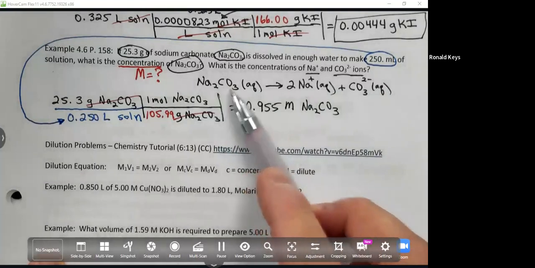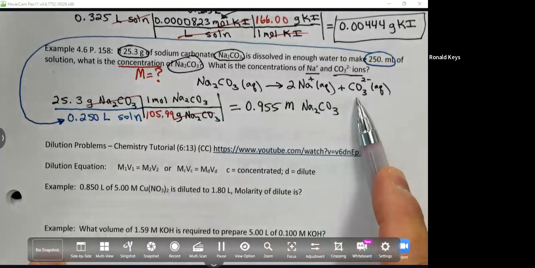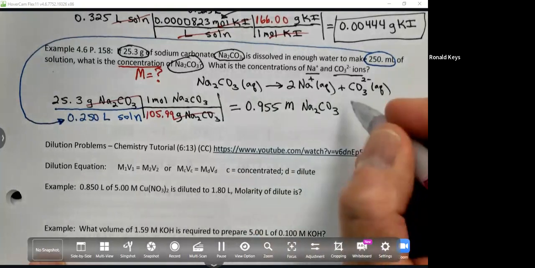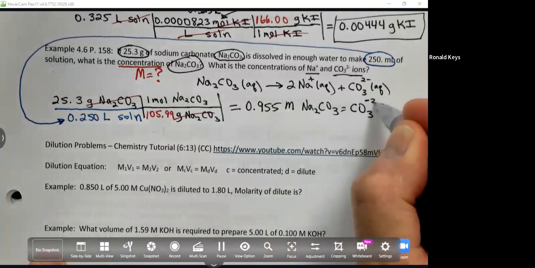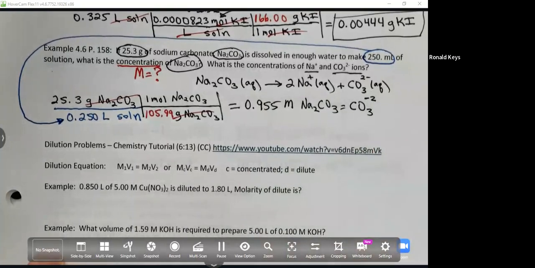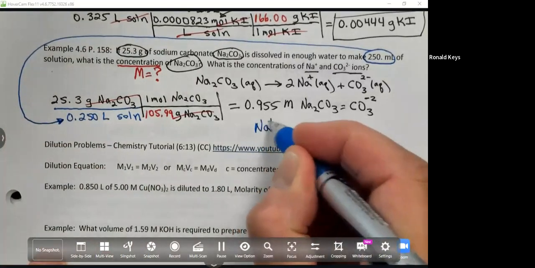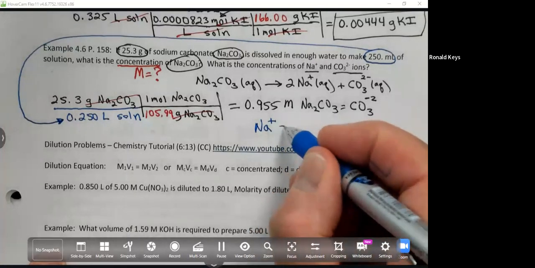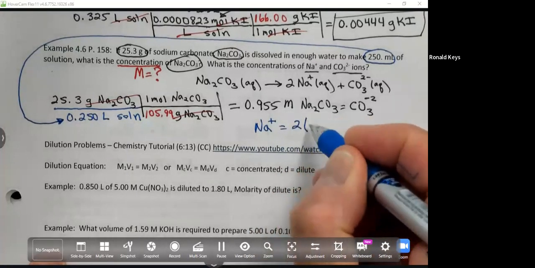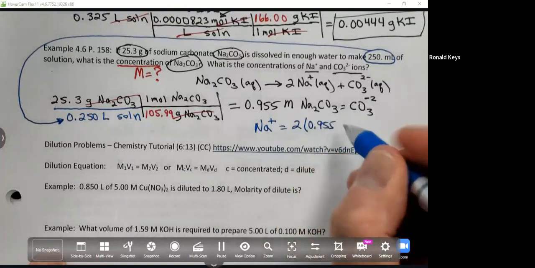When this splits up, we get one carbonate. So this would also equal my carbonate ion. But my sodium, I get 2, right? So my sodium concentration is going to be 2 times 0.955.